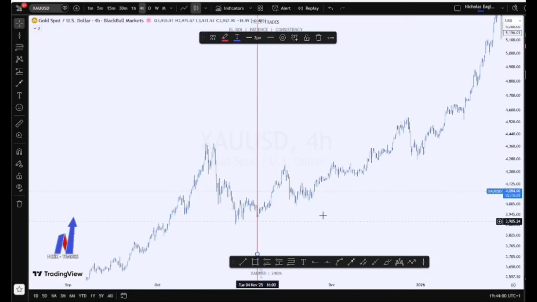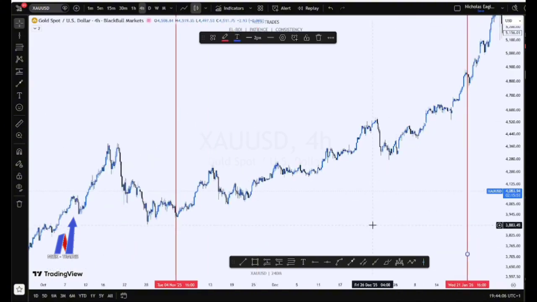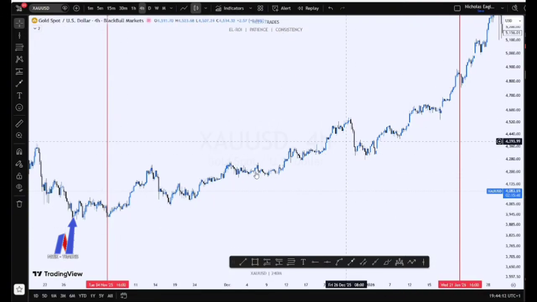From this point to this point, from this vertical red line to this vertical red line, the market structure within this interval is the uptrend. Price is going up, price is going up.